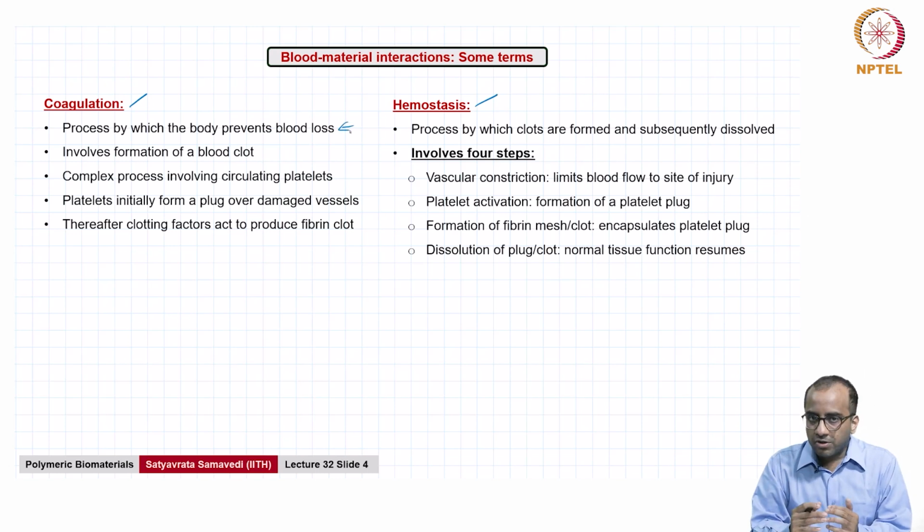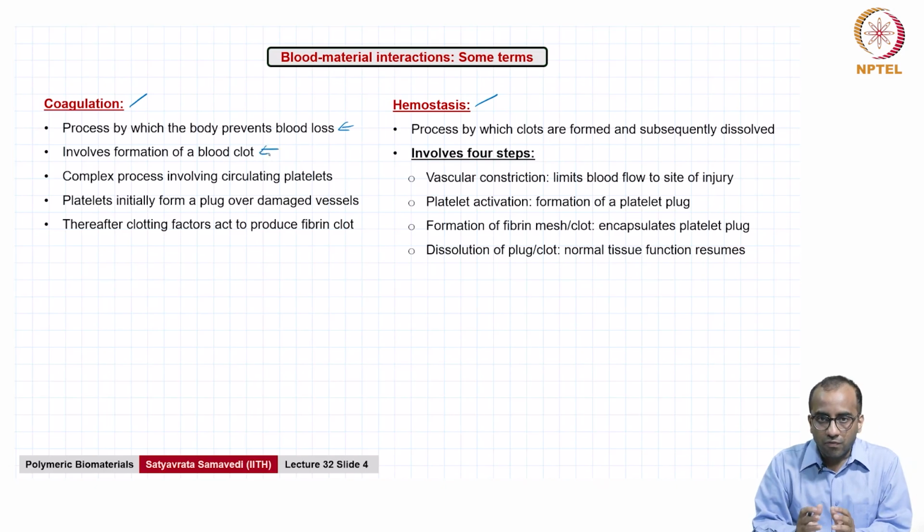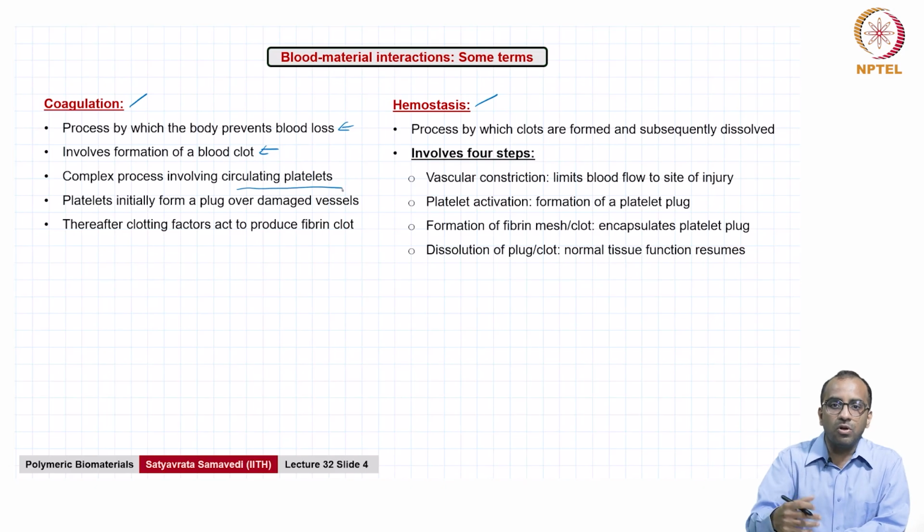If you happen to injure yourself, coagulation is going to happen, it is going to form a clot. This is to prevent further blood loss. So, like I said, the clot is formed starting with platelets, which lead to a platelet plug, leading to the coagulation cascade, leading to formation of the clot.